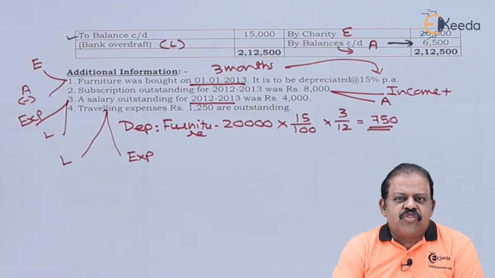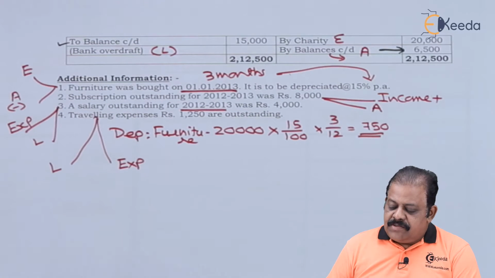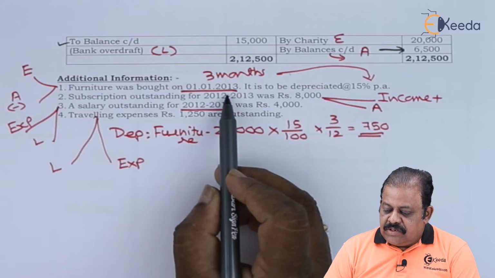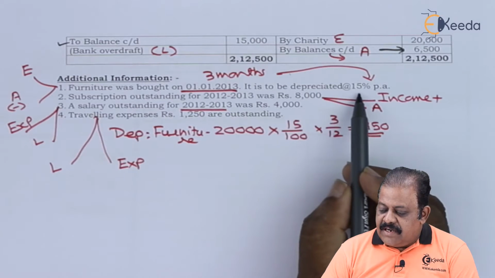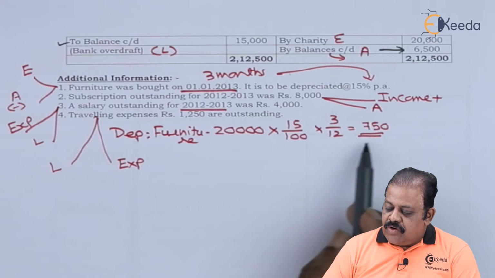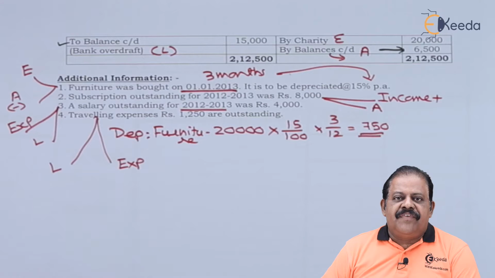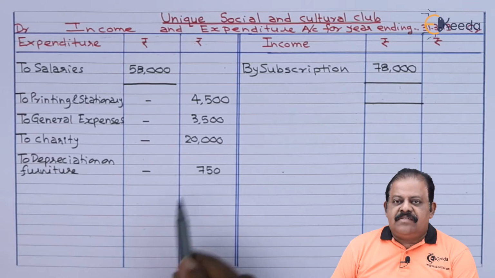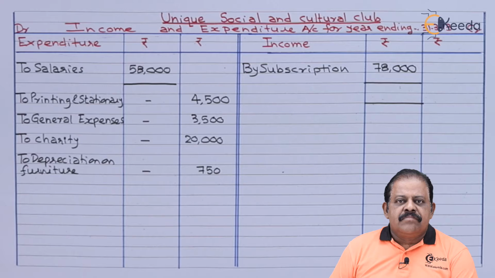Let us go through the adjustments. Furniture was bought on 1st January 2013 and it is depreciated at 15% per annum. We have calculated depreciation on furniture 750. It will be recorded as expenditure in the income and expenditure account. To depreciation on furniture 750.